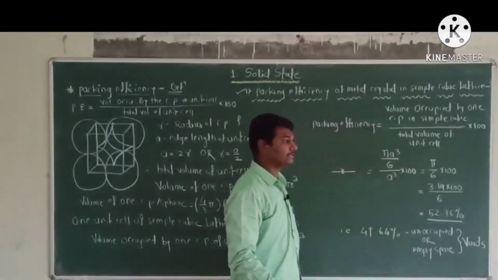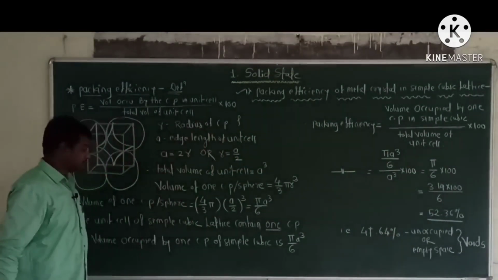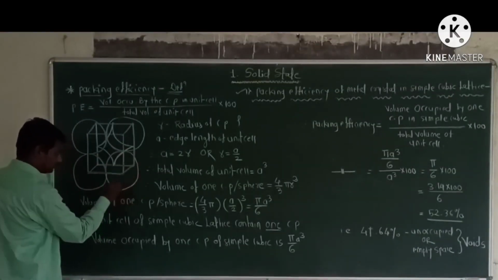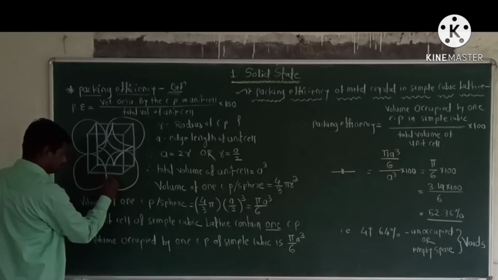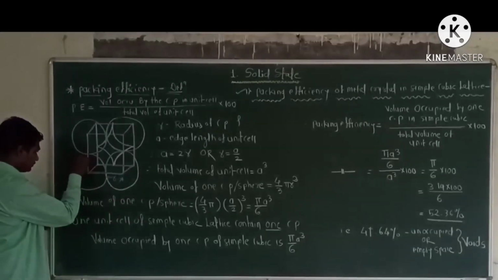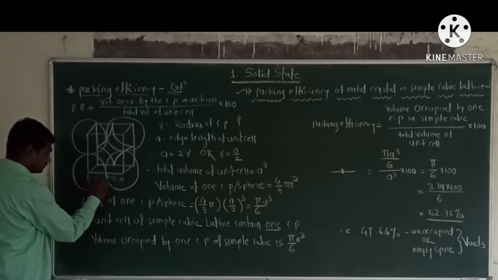Now consider r is the radius of the constituent particle. This is the constituent particle, and this is the radius. This is also a constituent particle, and this is the radius of a constituent particle.